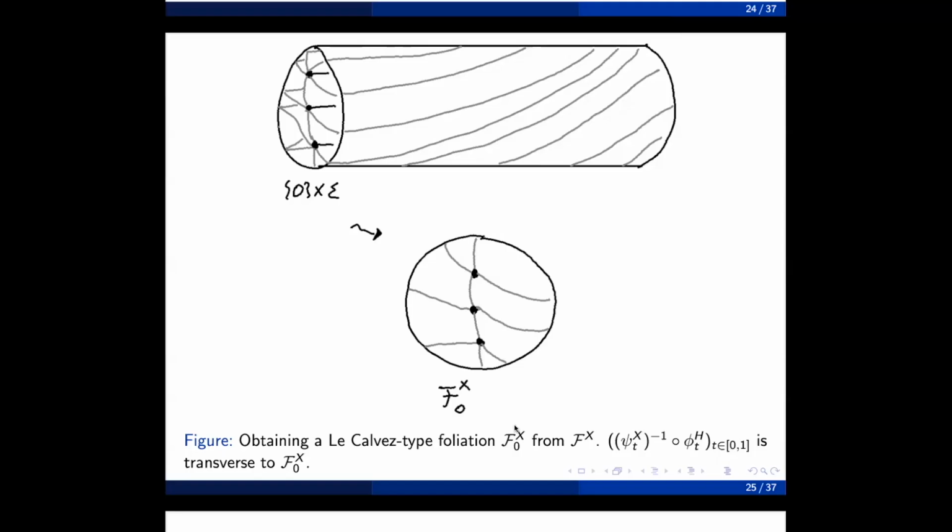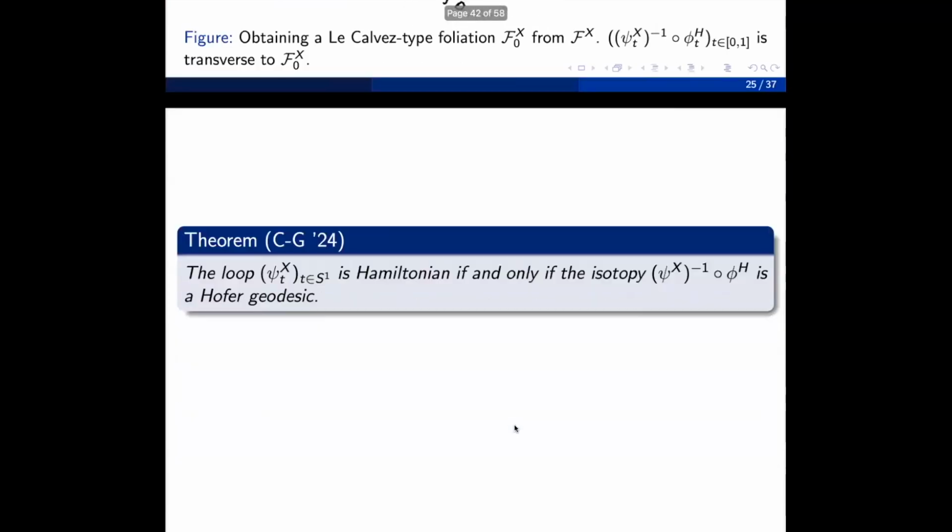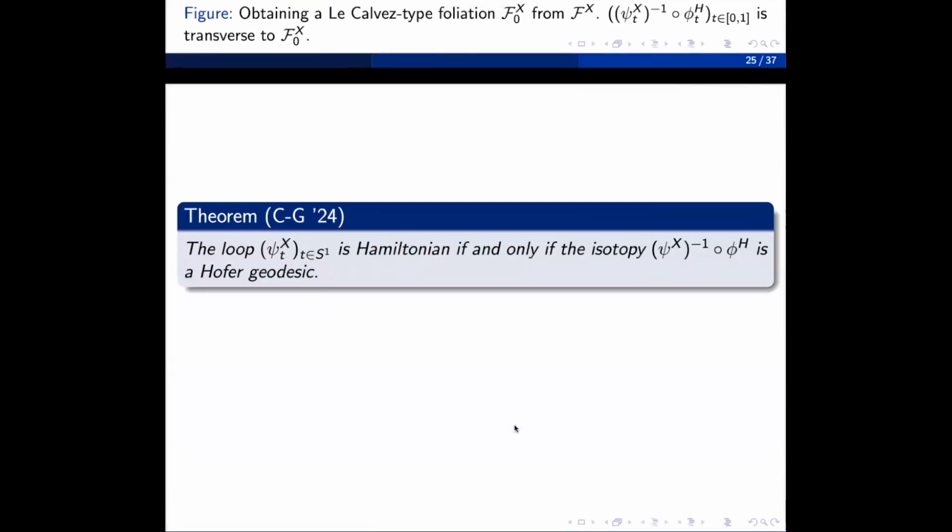That ends up being equivalent to asking if these sliding maps are Hamiltonian, for suitable T's, okay? And it turns out one can show that in fact these sliding maps are Hamiltonian. So remember, I told you that these loops were diffeomorphisms. Turns out that they're Hamiltonian if and only if the associated isotopy that you get on the surface is a Hofer geodesic.